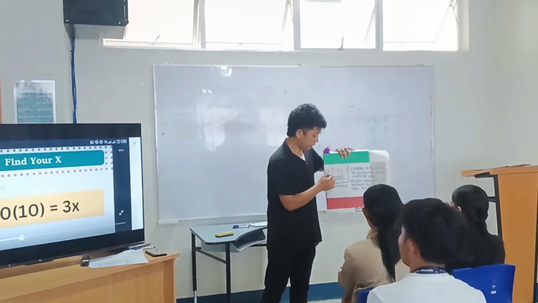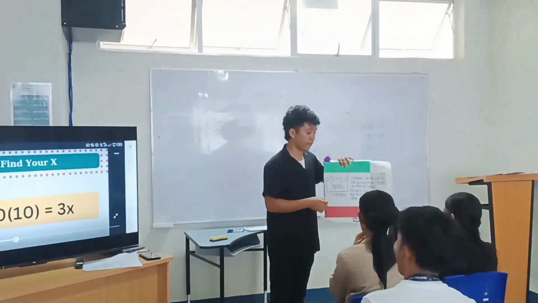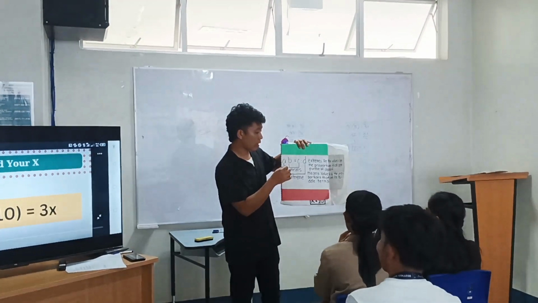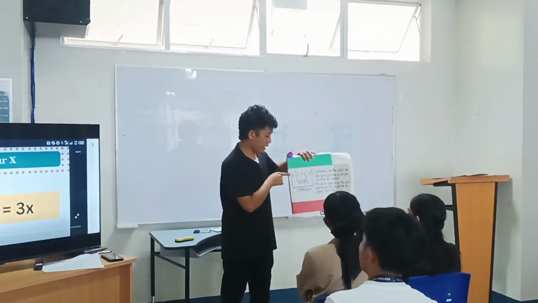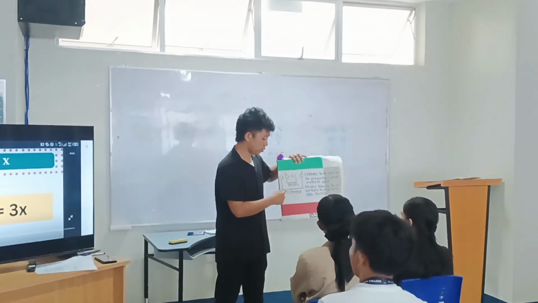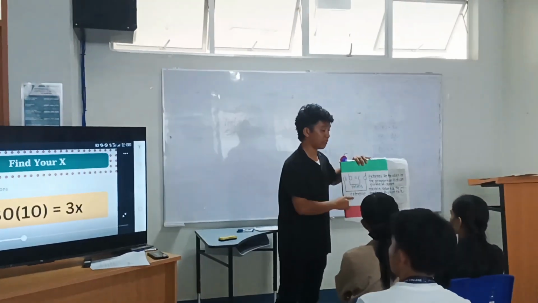The middle terms here are B and C, while the extremes are the values of the proportion that are furthest apart. So here in a proportion form, A and D are the furthest apart. So let's conclude that they are the extremes.